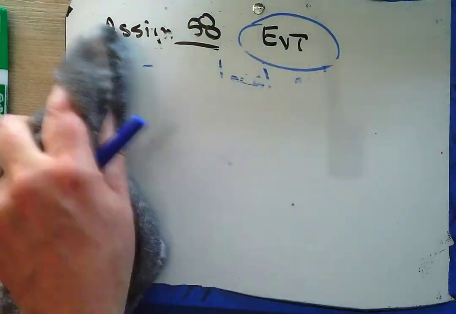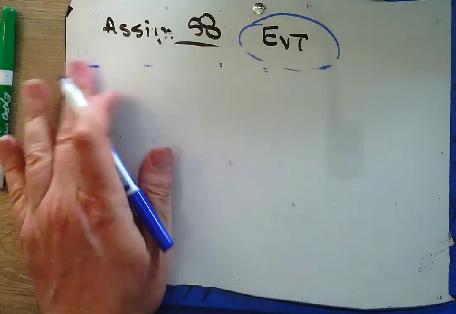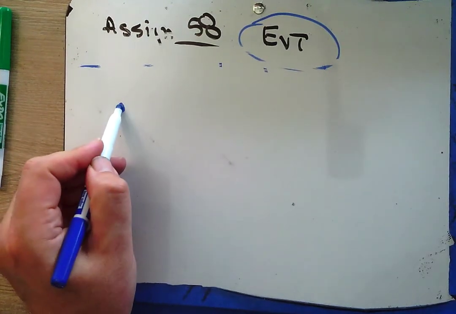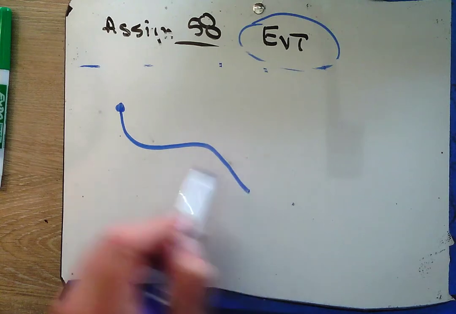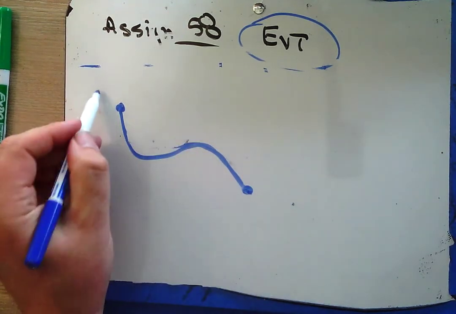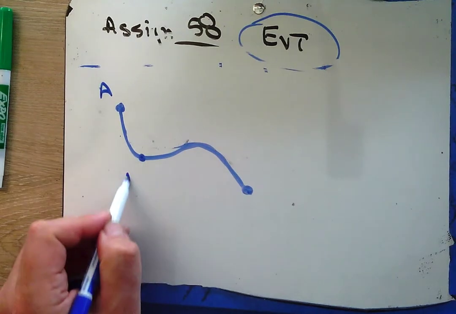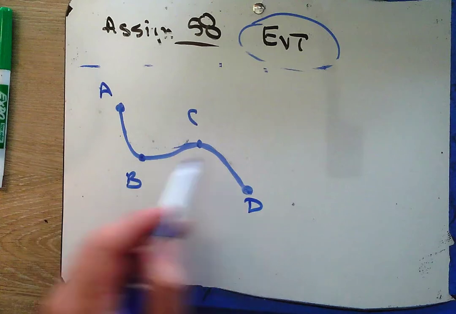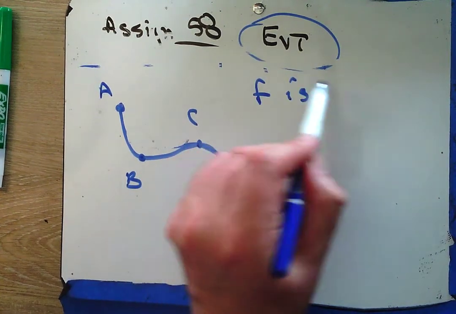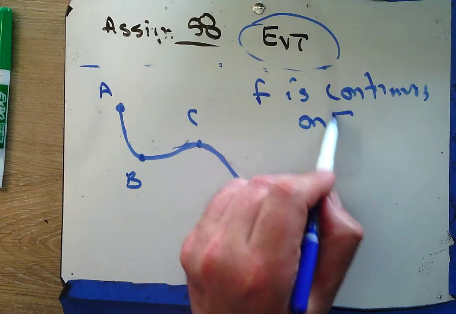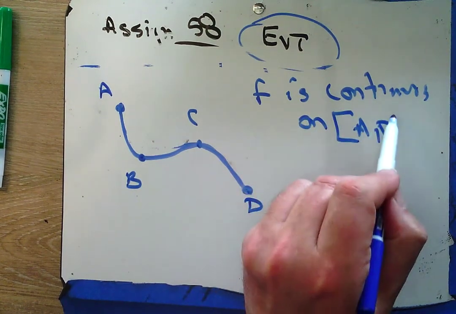A couple of things, well, here are my questions. Okay, with that in mind, we're talking about A to B. Here's A. Let's call this B. Let's call this C. Let's call this D. So my function f is continuous on A to D. Great.